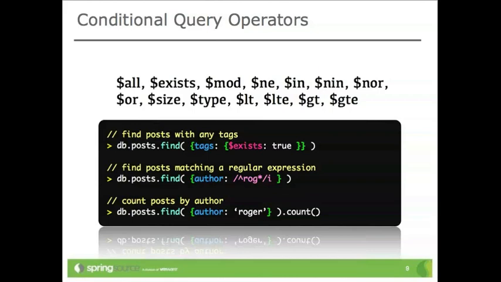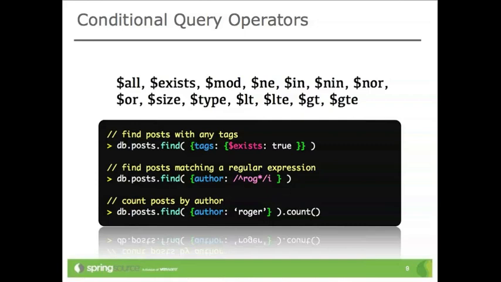And you see that in the first example here, db.post.find where tags exist true. So this tells the query processor to go find me all the blog posts that have a tags attribute in the document. Now, since MongoDB has a completely dynamic schema, I may have, say, 1 million blog posts, but only 20,000 of them have tags associated with them.